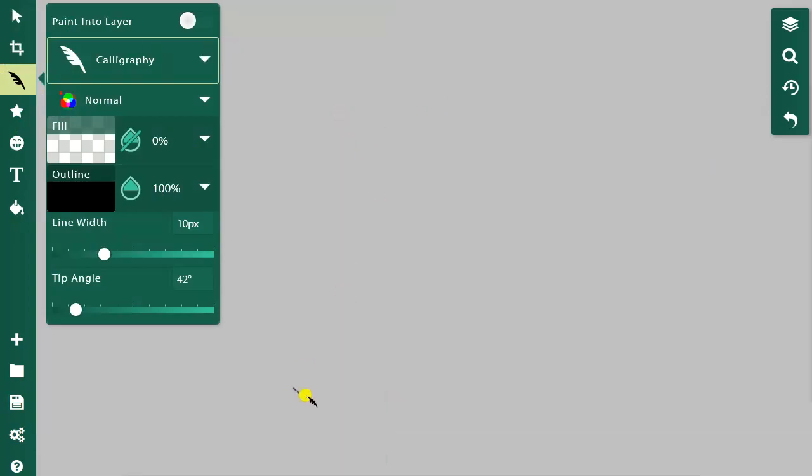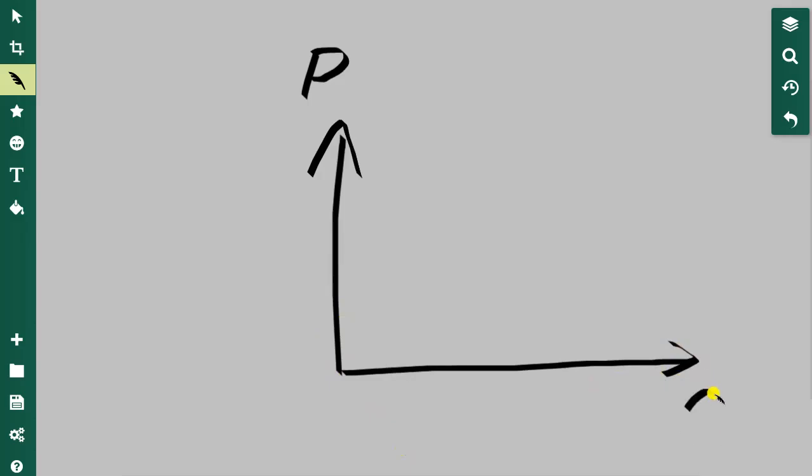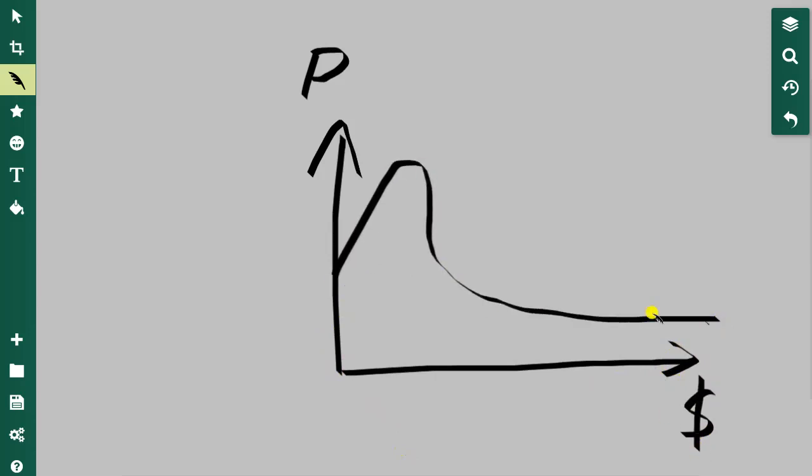Let's take this one. We can draw it like this. Here we have the probability that something happens, and this is our payout, right? For instance, we have a low payout with high probability.